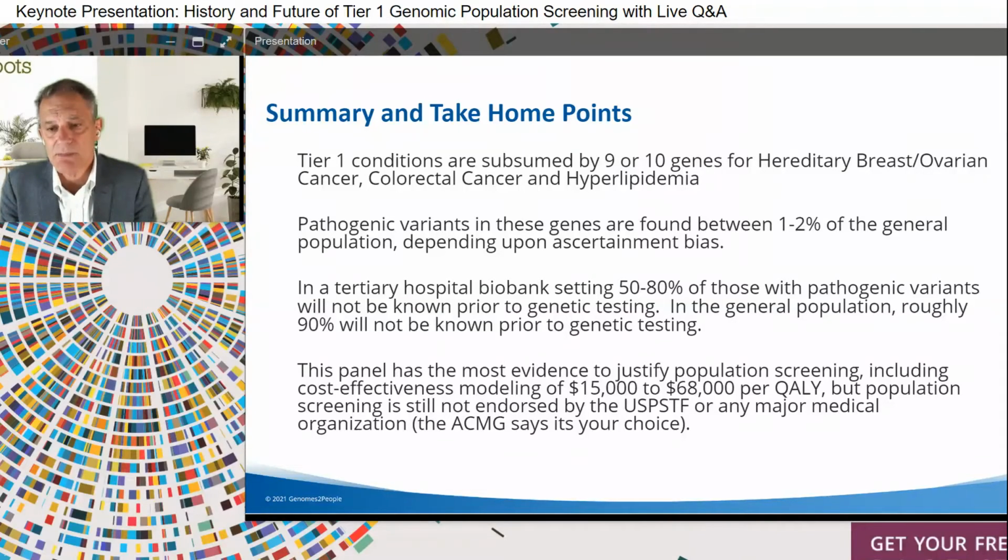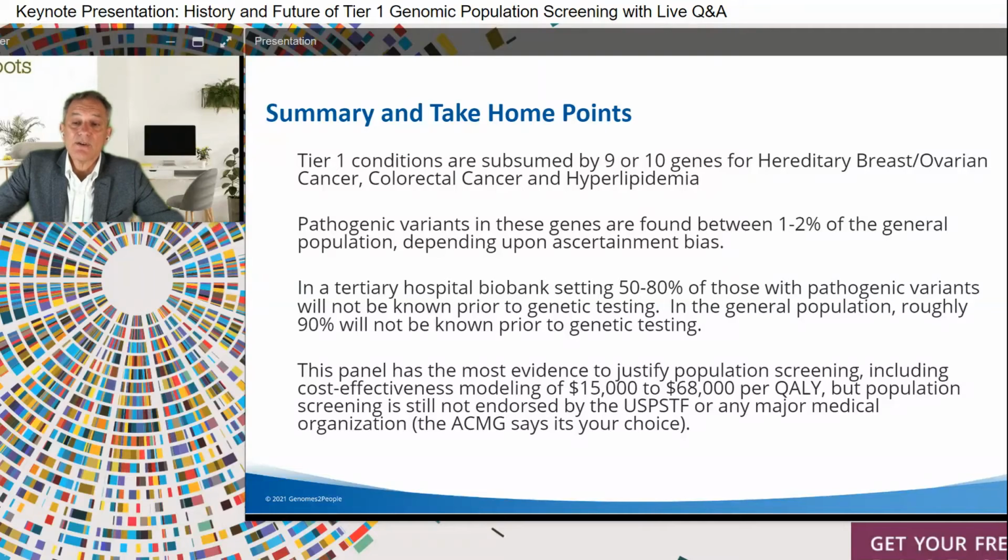Of course, ascertainment bias is going to play a role here. If you send out a call and you say, hey, would anybody like to get their genome sequenced for risk of family diseases, particularly family cancers, the kind of people who are going to volunteer for that are information seekers, proactive folks who believe they won't be too upset if they get positive, but also people who maybe secretly suspect that this is running in their family.